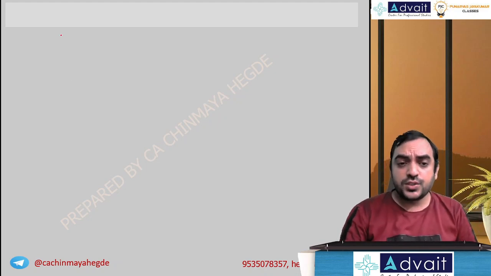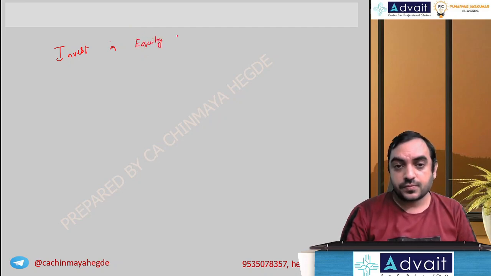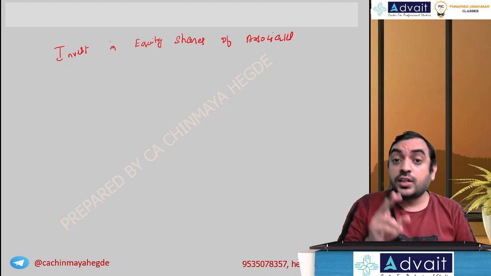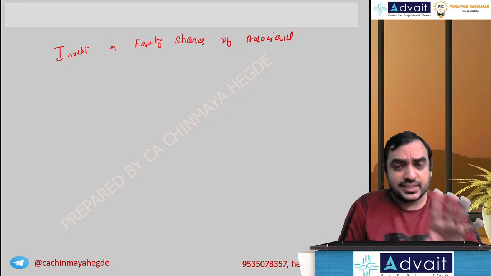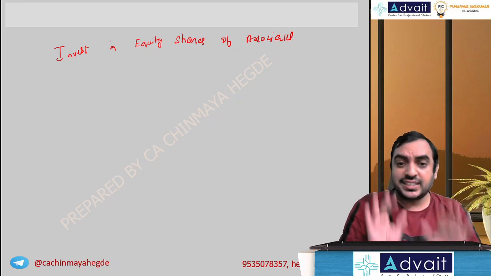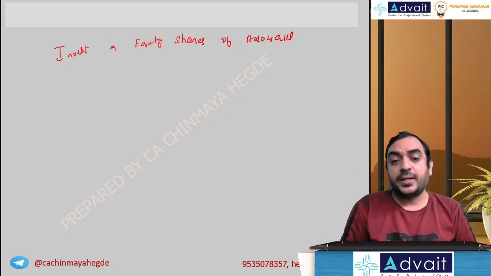Suppose investment in equity shares of associates. We follow the equity method for the time being. For the time being, let's say there are no preference shares and no loan. Let's say there is only equity shares investment.